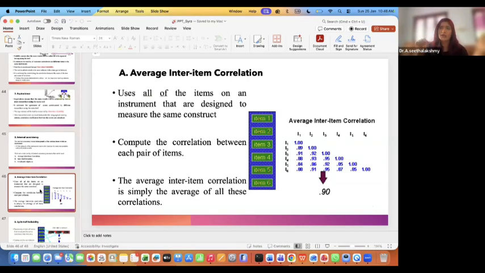So the first item should correlate with all 49 items, and the second item with all other 49 items. Like that, you do this and compare the correlation values. If you get a significant value, your questionnaire is good in what is called internal consistency.